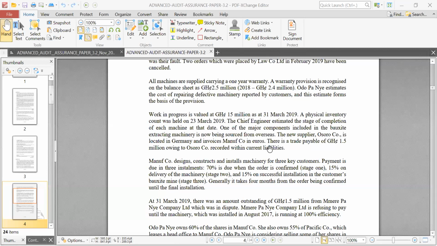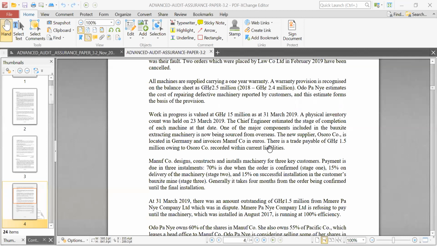For different companies, it could be 5% of revenue, 10% of revenue. But you do not necessarily have to do all those details. First of all, you need to know that it's an estimate. If it's an estimate, then it is exposed to under provision or over provision.